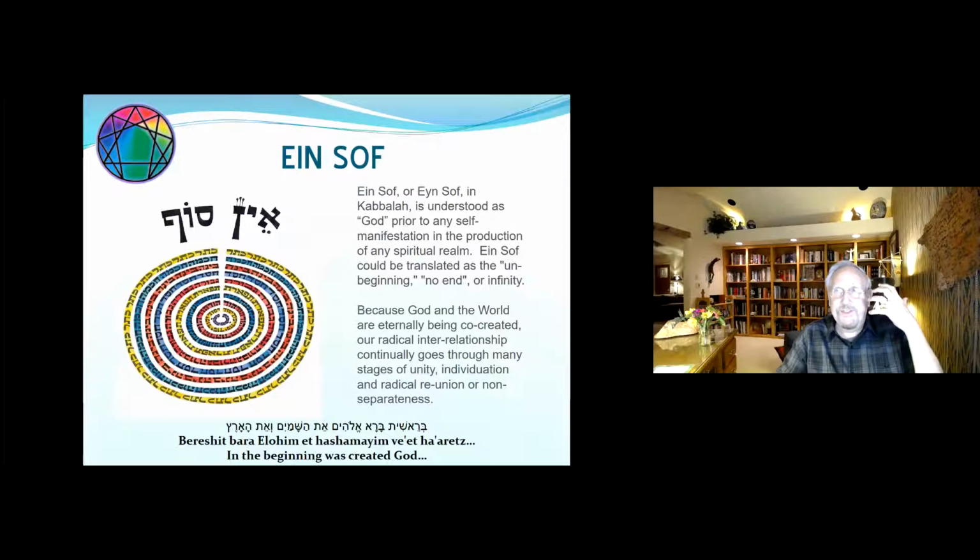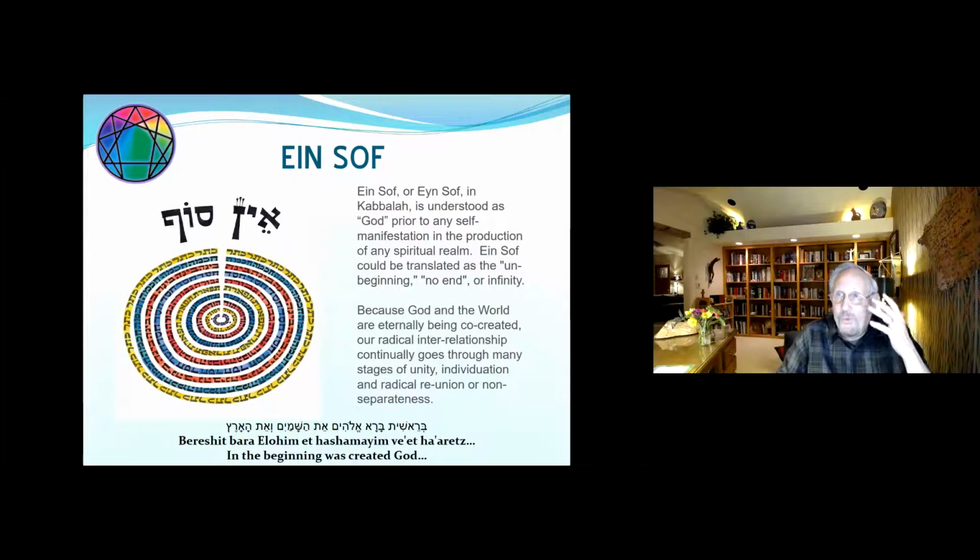In other words, the divine creative energy before anything was created. Ein Sof could be translated as the unbeginning, the no end or infinity. And because in this tradition, God and the world are eternally being co-created, our radical interrelationship goes through many stages of unity, individuation, dissolution, radical reunion, and non-separateness.